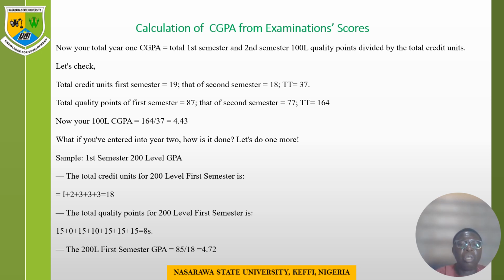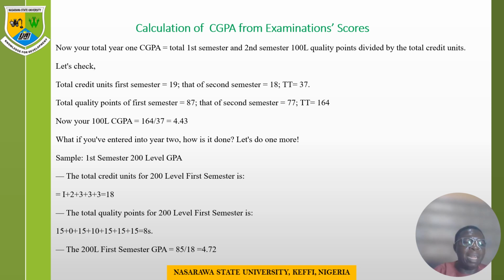What if you have entered into year 2? How is it done? Let's do one more sample. This is first semester 200 level GPA. The total credit unit for 200 level first semester is 1 plus 2 plus 3 plus 3 plus 3 and so on, equals 18. So let's assume the student registers 18 credit units.